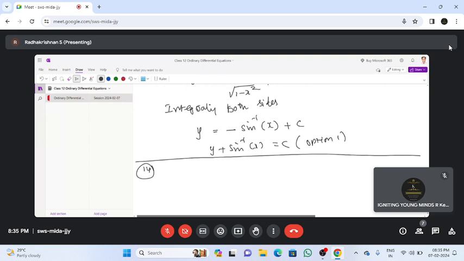So dy by dx equal to 2xy. This is also easy, we can easily separate and solve. Please work it out and tell me.